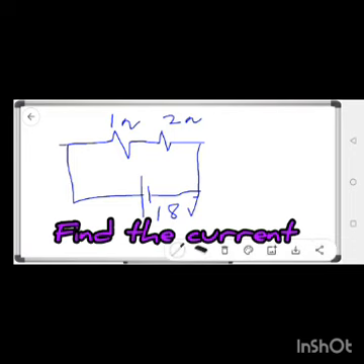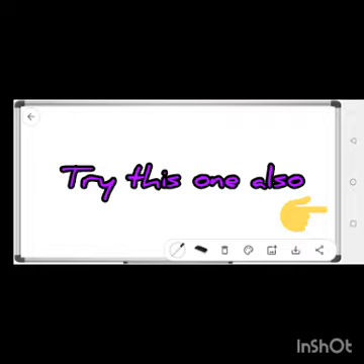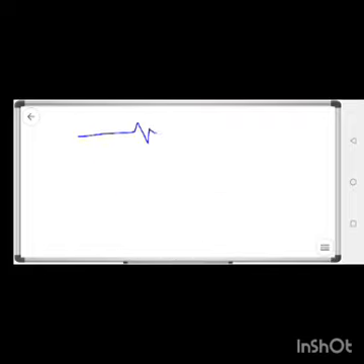Okay, let me give you another one. The number 2 circuit you should solve should be this one. Let's see how you go about solving this.